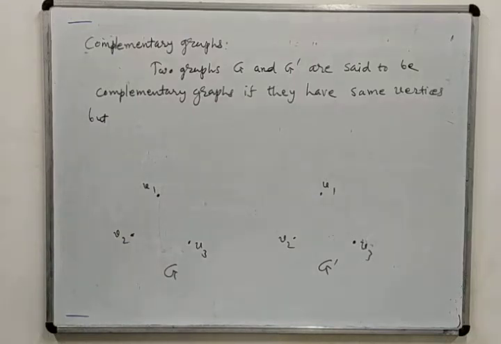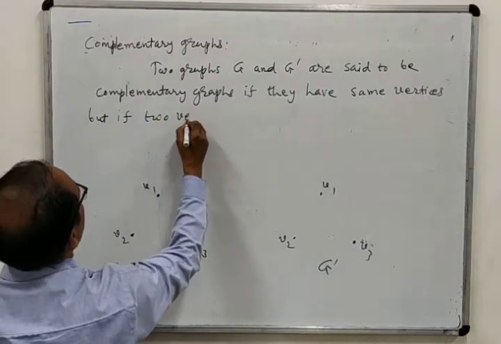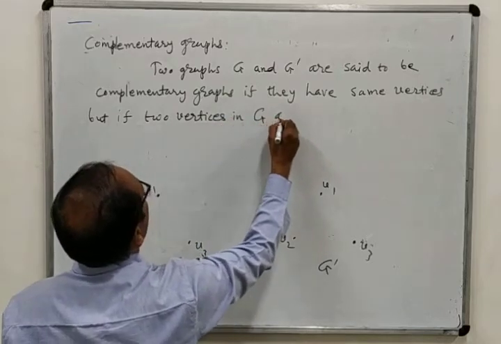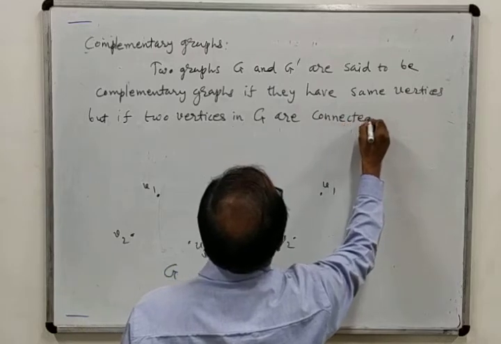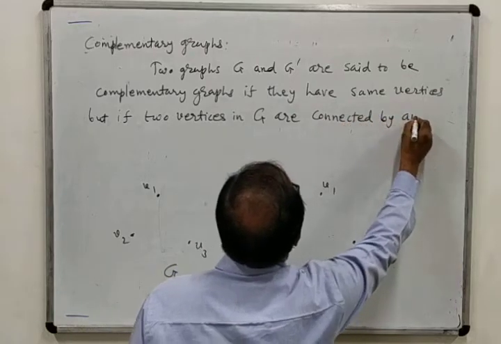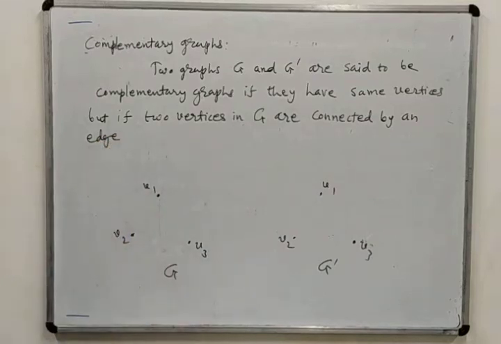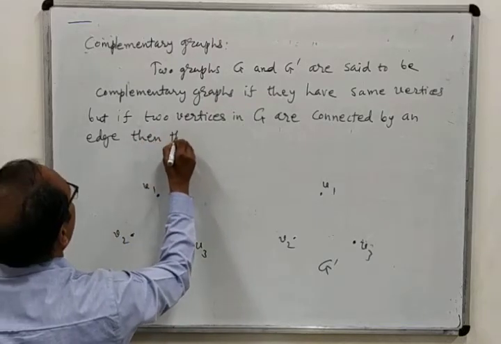one condition is that if 2 vertices in G are connected by an edge, then they are not connected in G dash by an edge.